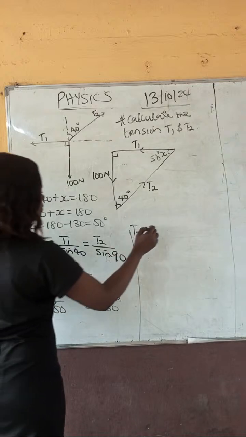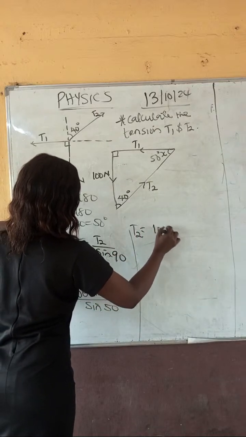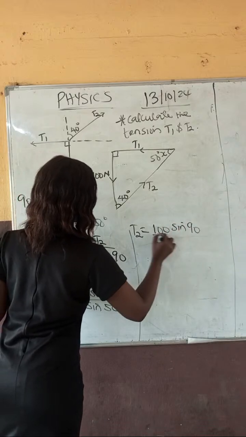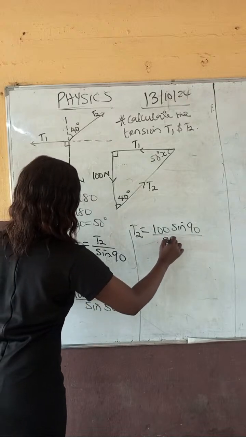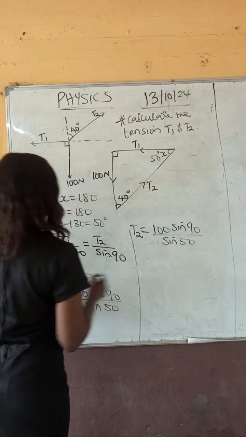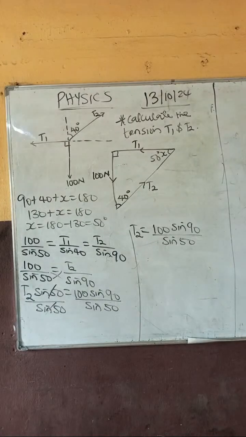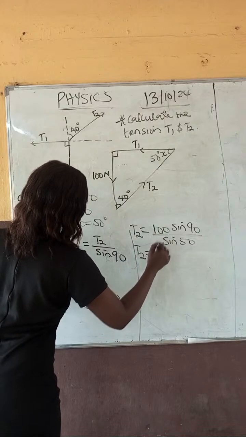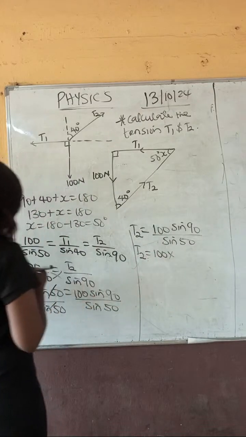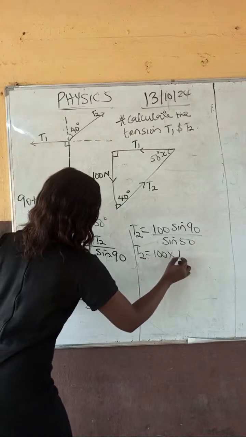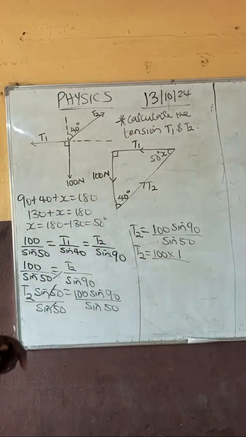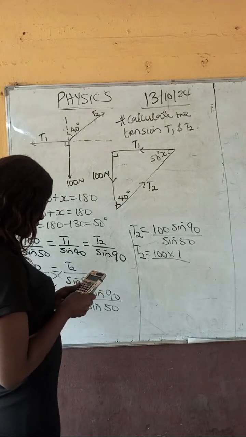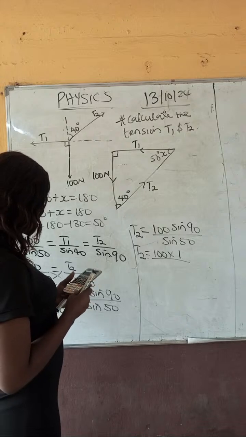is equal to 100 sine 90 over sine what? 50. Alright? Now, let's work it out. T2 is equal to 100 times sine 90 is equal to 1. Let's get our calculator and find out what is sine 50.